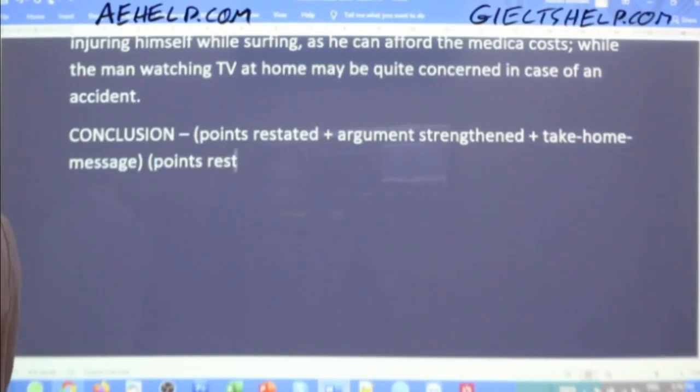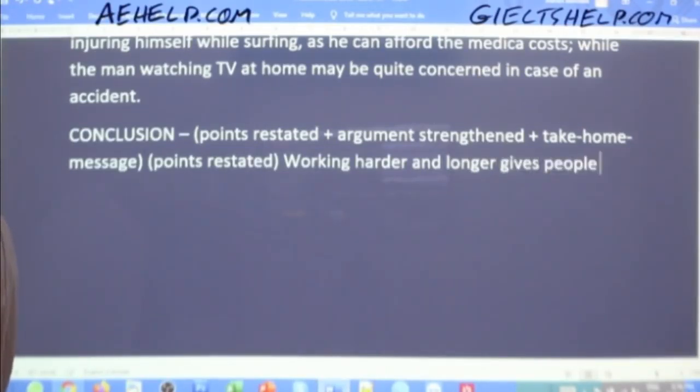Points restated, working hard and longer, working harder and longer. We have to make sure we have parallel grammar.